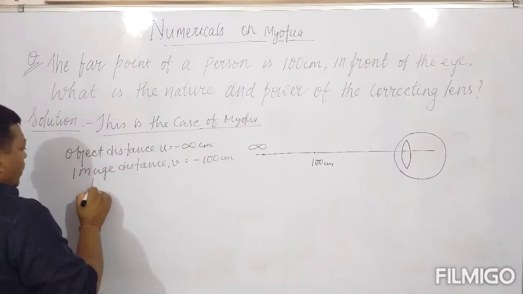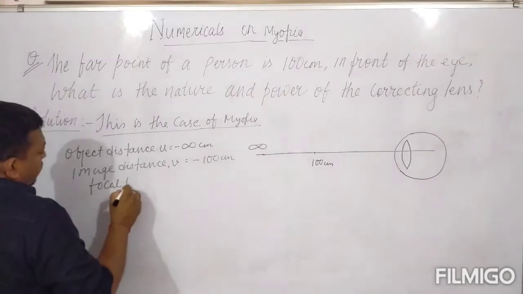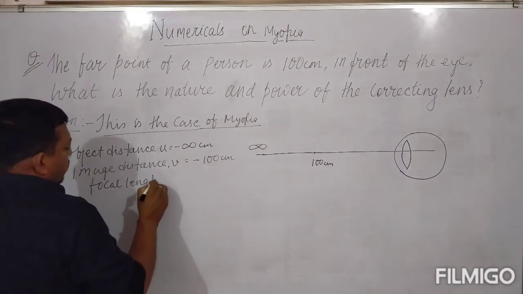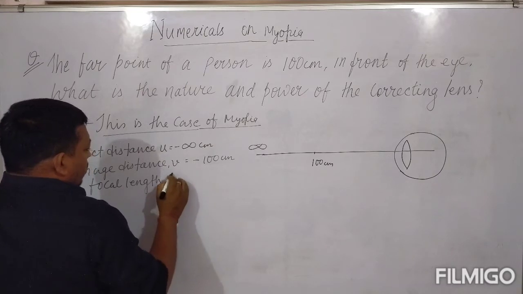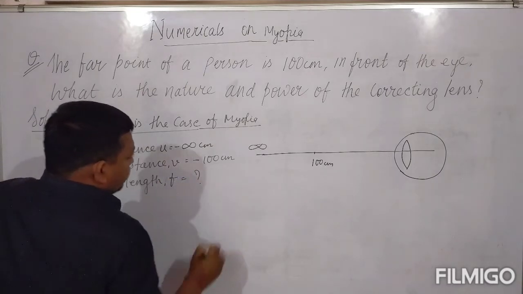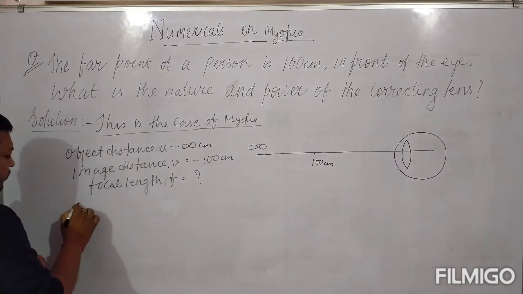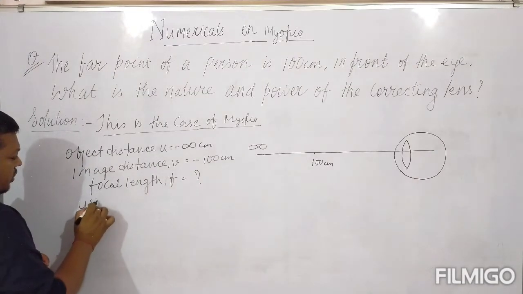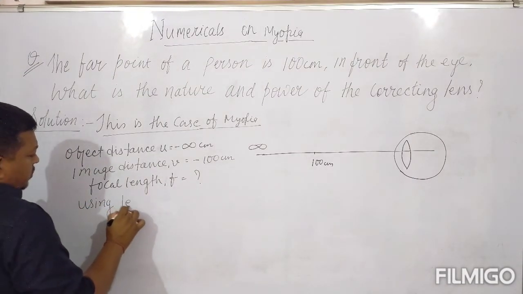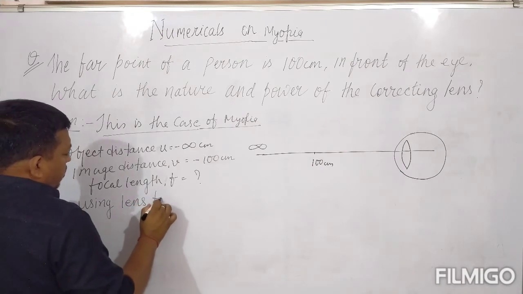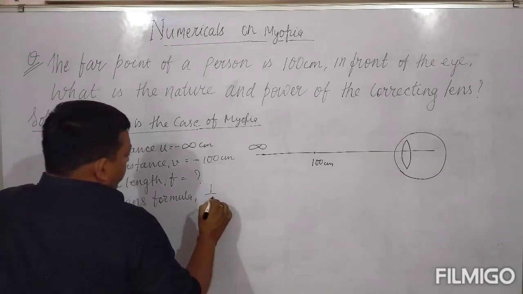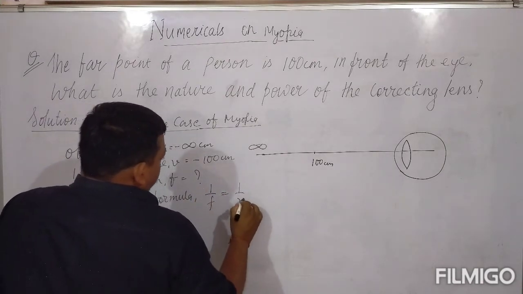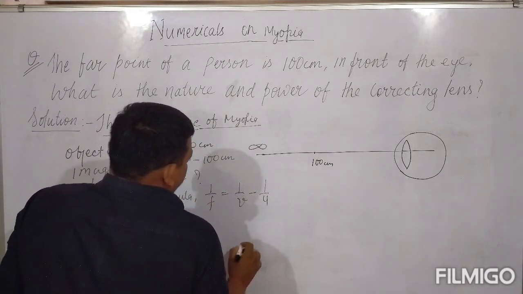Now we have to calculate focal length, because ultimately we have to calculate the power. Using the lens formula, 1 over f equals 1 over v minus 1 over u.